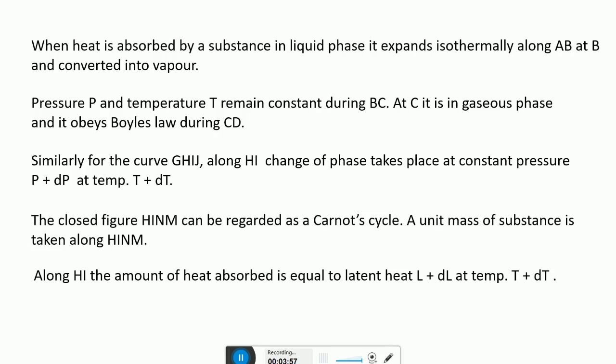So we have to consider the line HI. Along HI, the unit mass of substance absorbs an amount of heat, which is latent heat, equal to L plus dL at a temperature T plus dT.